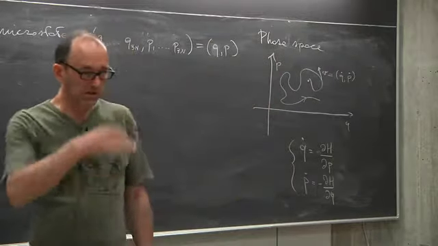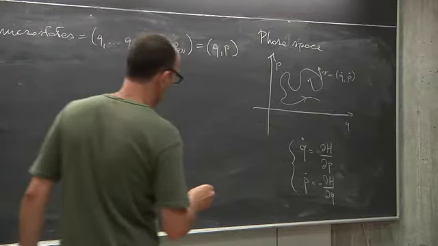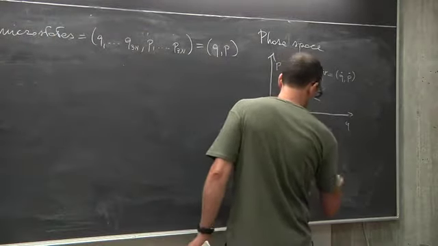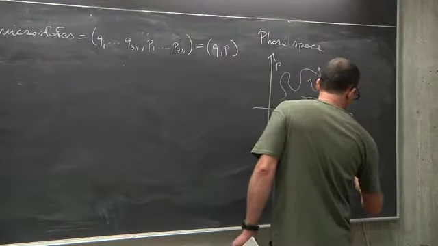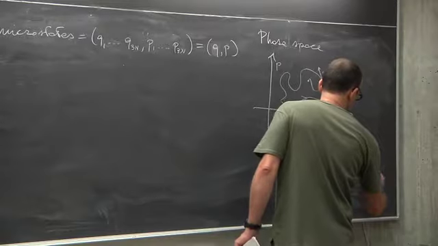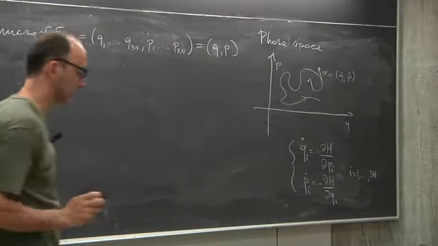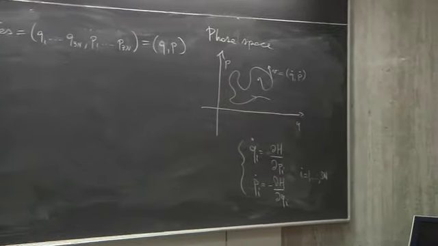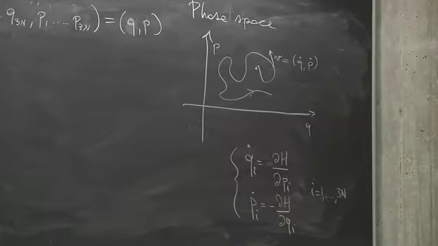So the velocity in phase space is given by these, and this is true for each of the coordinates, right? So this gives you the dynamics of the system.